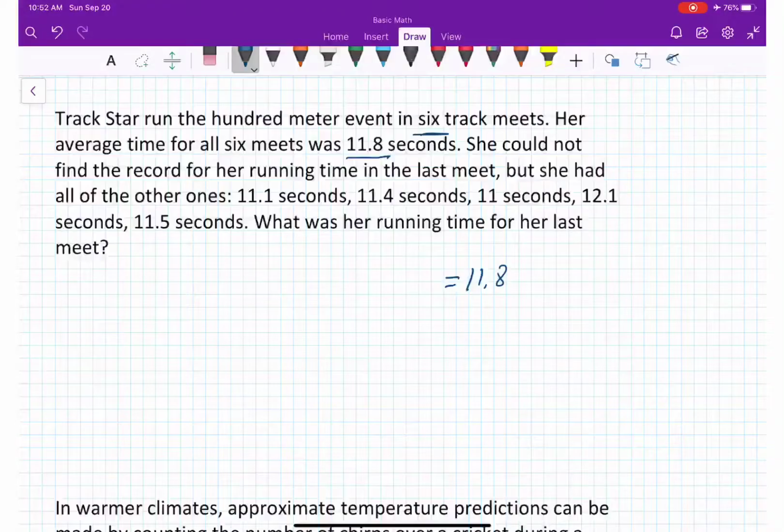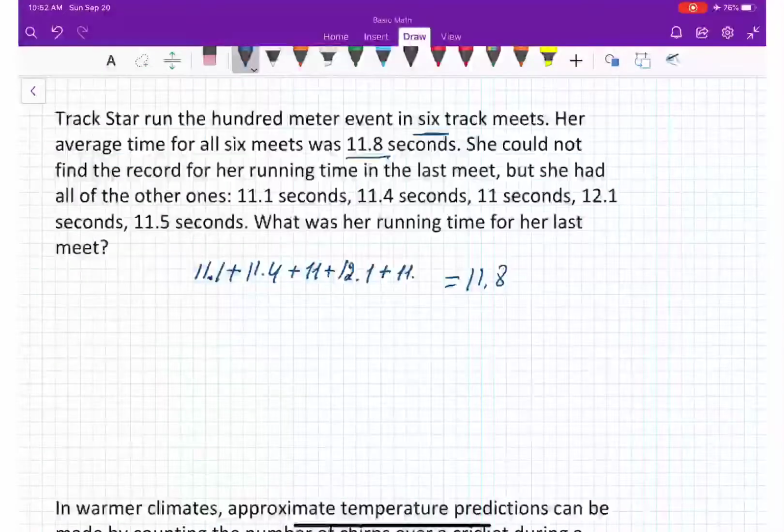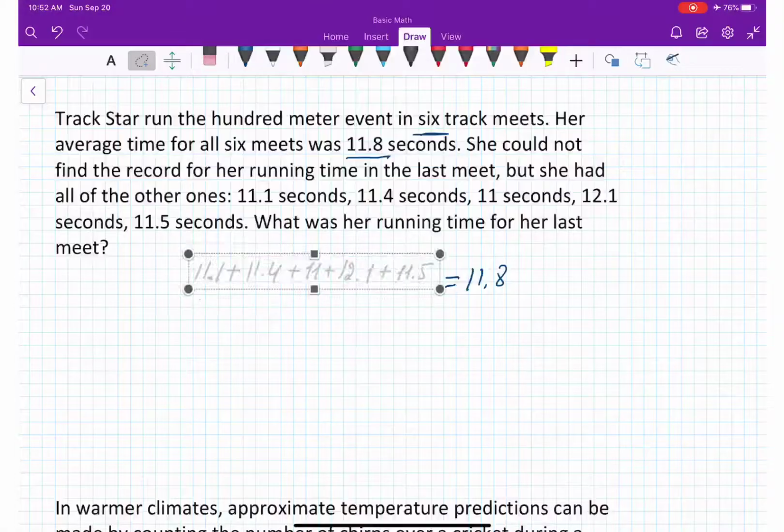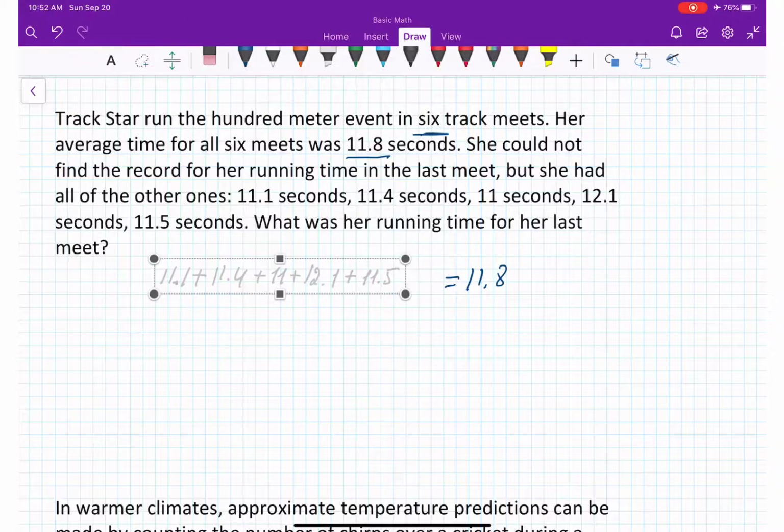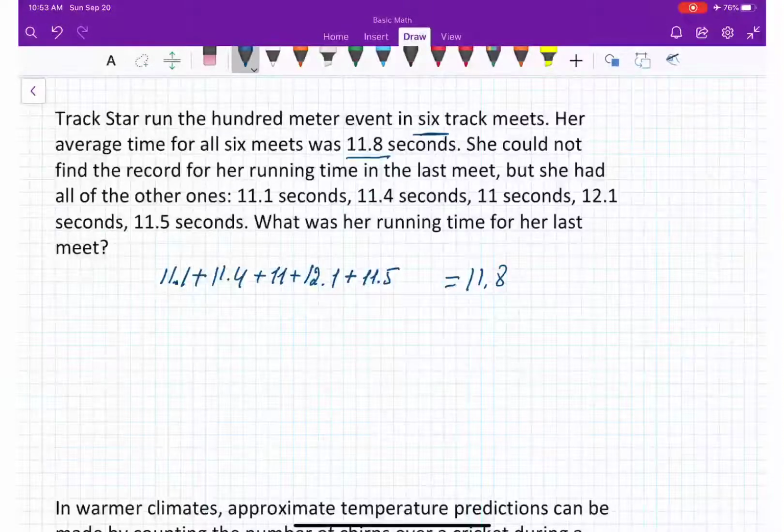So we're going to do the average: 11.1 plus 11.4 plus 11 plus 12.1 plus 11.5. Okay, let me move further because we need more space. And the last one we can't find, so it's X, right?